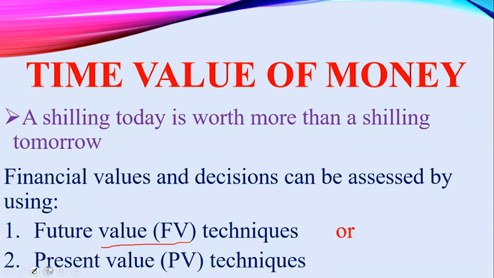Present value techniques are used to get the value of some amount in the future today. What is it worth today? Like if someone has a loan that is supposed to pay you 10,000 in 10 years, what is that money worth today? That way you use what we call the present value technique.